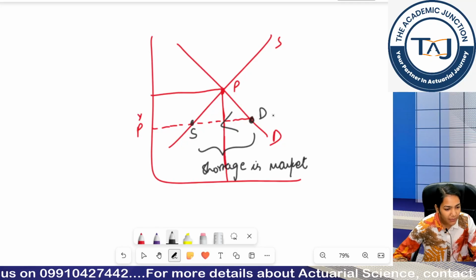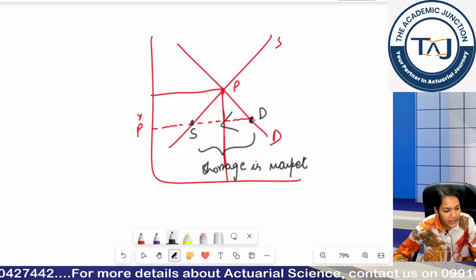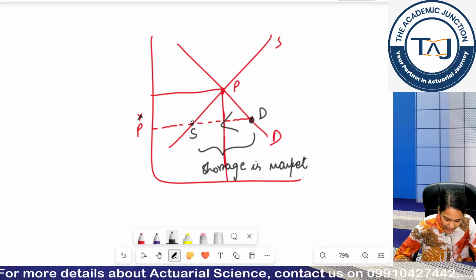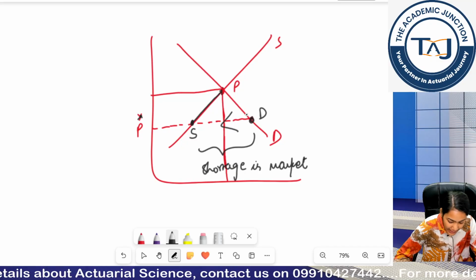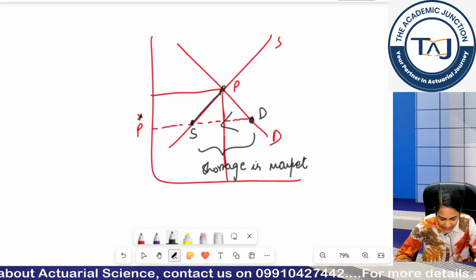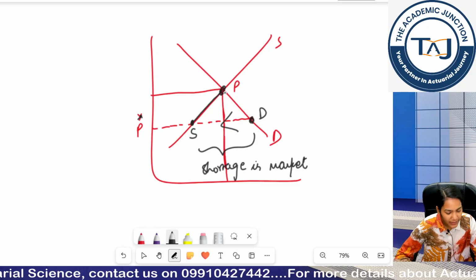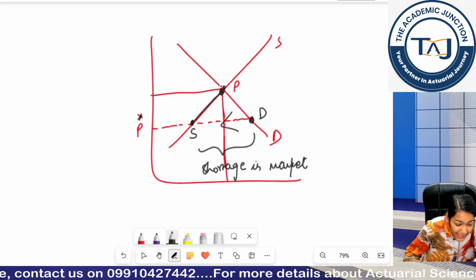Now what will the government do? If no action is taken by the government or the agency that set this maximum ceiling, then after some time my supply will increase and my demand will decrease, and they will automatically come back to the equilibrium point. So what will we do? Either we have to increase the supply or we have to decrease the demand.